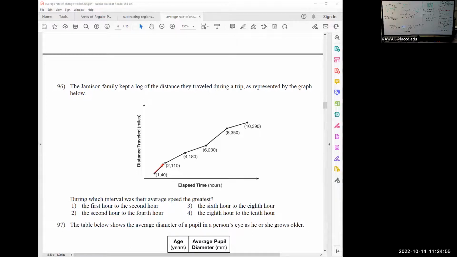Now, I know definitely it's either this one or it's going to be this one.